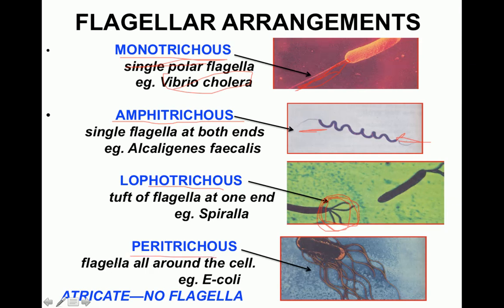So in this case the flagella are seen all around the cell, as you can see over here. The best example of this is E. coli, a very common organism sitting in our intestines. And the last term which is used is atrichous. Atrichous means that there is no flagella present in the bacteria, hence the bacteria are non-motile.